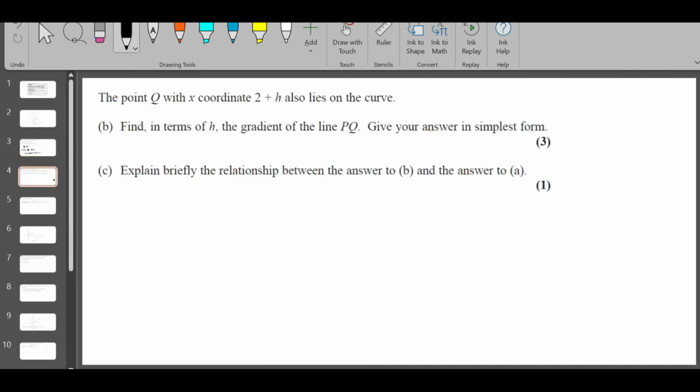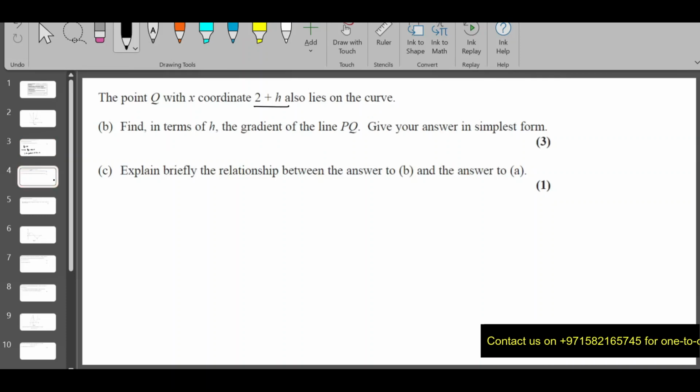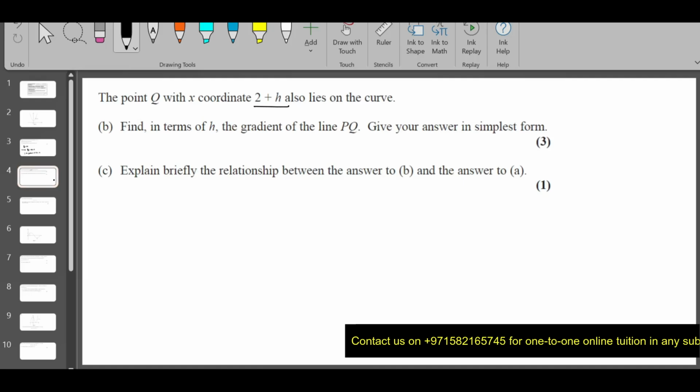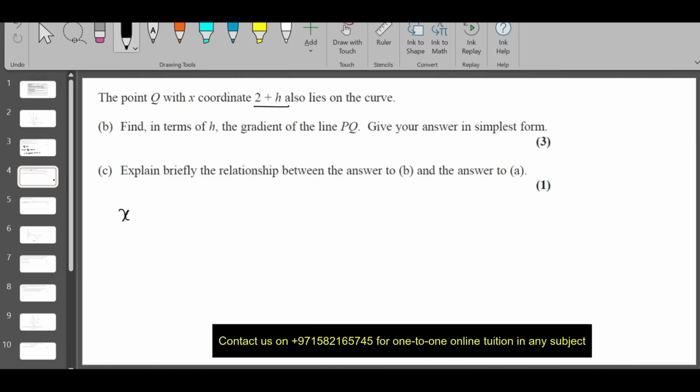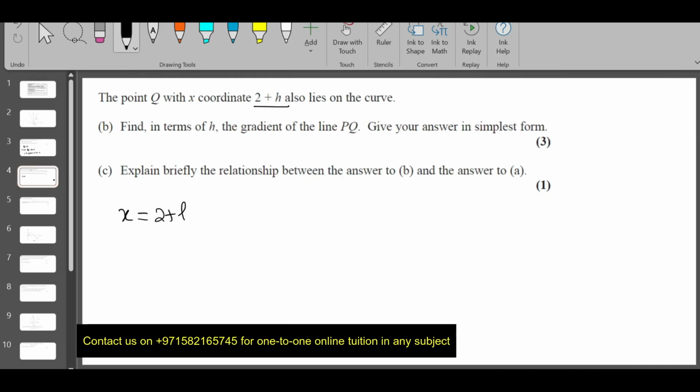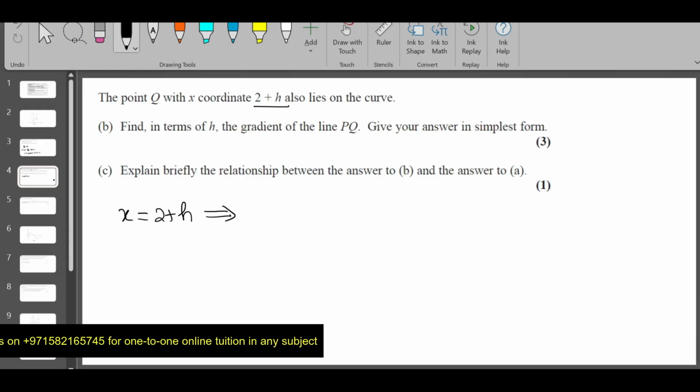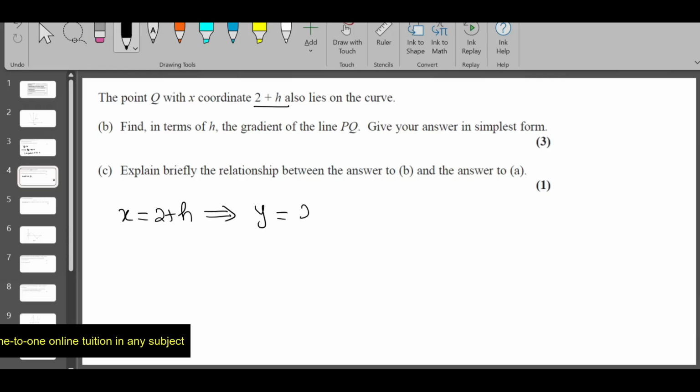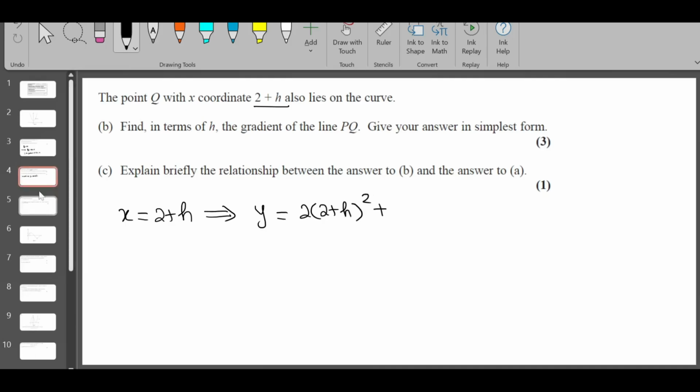Part B now. Q with the x coordinate 2 plus h also lies on the curve. Find the gradient of PQ. So the x coordinate of Q is 2 plus h. We need the y coordinate. Sub this into the function 2x squared plus 5. So when you expand it, you are going to get 4 plus 4h plus h squared plus 5.